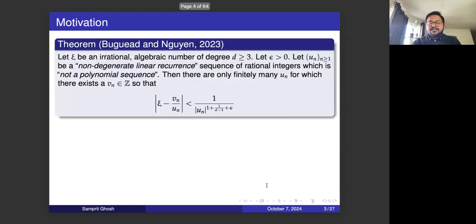The motivation comes from a result of Bugeaud and Wen, who proved in 2023 the following result.